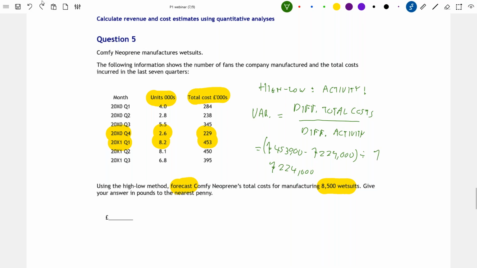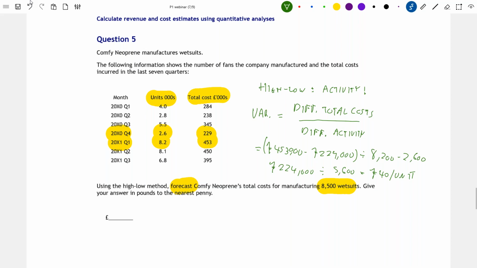Oops. So that's not a pound sign. So 8,200 minus 2,600, which gives us 5,600, which gives us £40 per unit of variable costs.